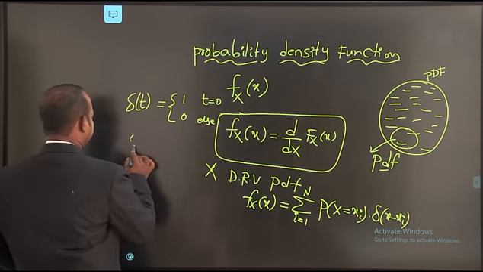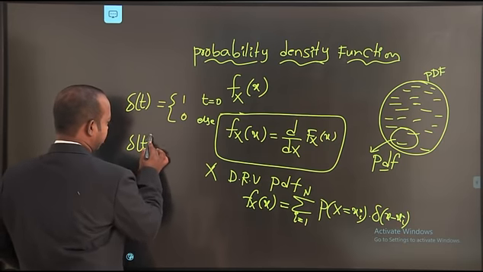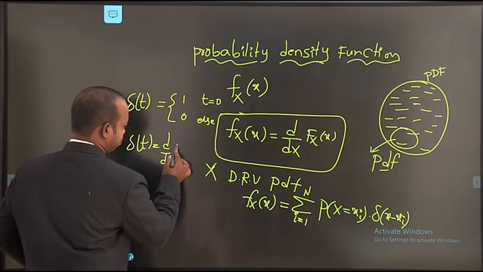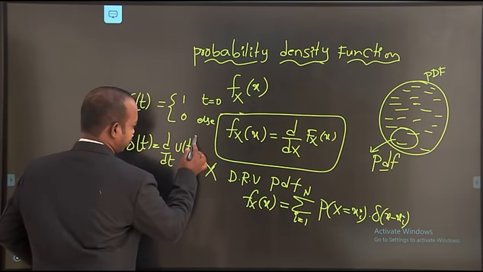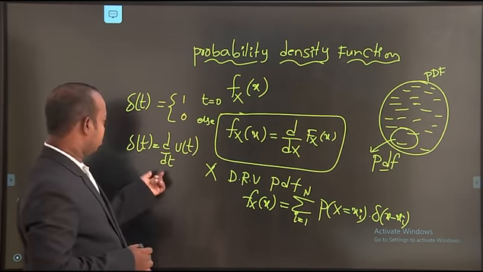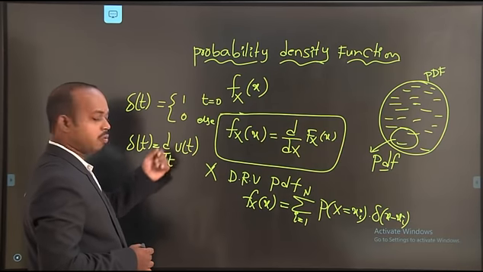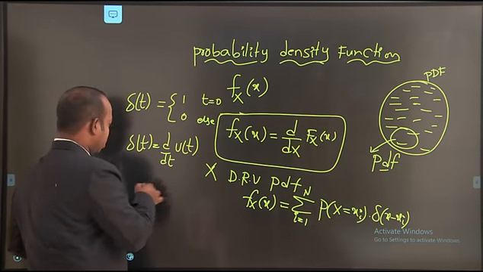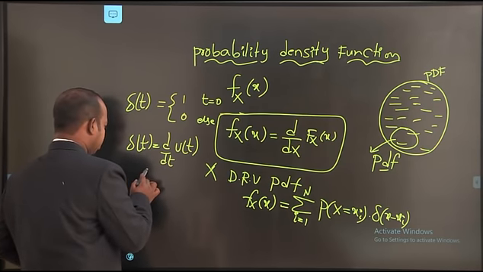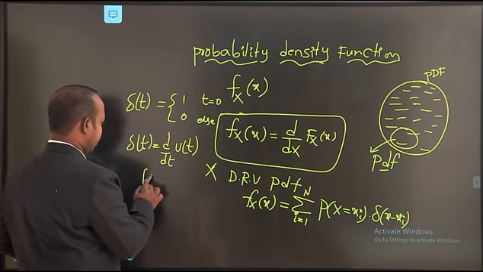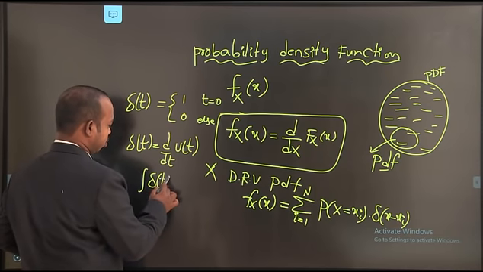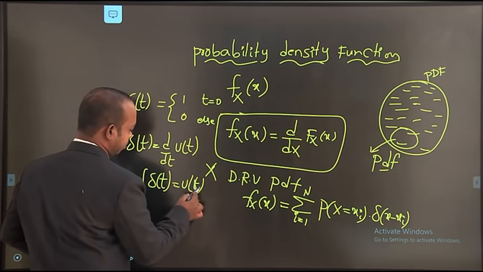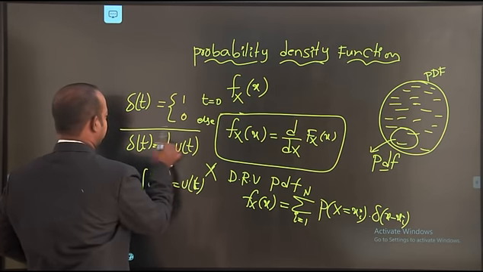So del of t is the derivative with respect to time of the step signal u of t. Moving the derivative to the left-hand side, the integration of del of t gives u of t. This is the fundamental relation between the step signal and the impulse.